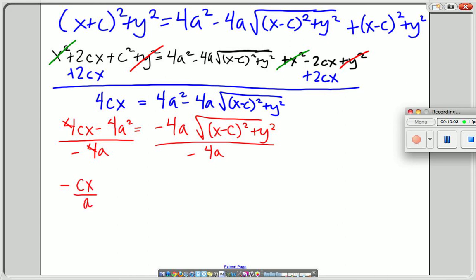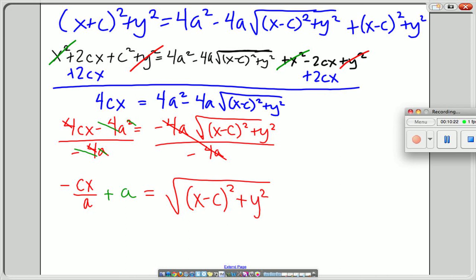And then with the other one, the 4s, the negatives cancel, and an a cancels. So it's going to be just plus a equals the square root of (x minus c) squared plus y squared. So now I can go about squaring both sides. So I'm going to square this side, and I'm going to square this side.